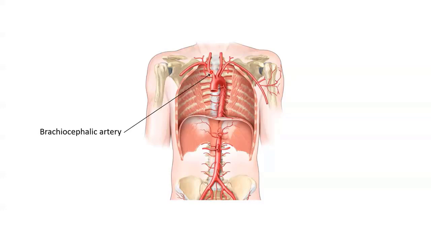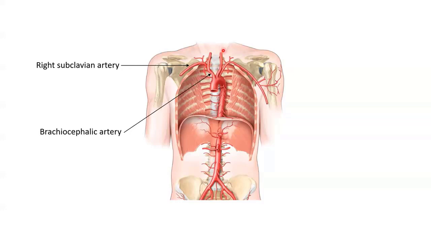So from our brachiocephalic artery, we have our right subclavian artery, sub for underneath or below, and clavian referring to our clavicle. So it runs underneath our right clavicle to supply blood to the right upper arm. We then have our right common carotid artery, which runs up the right side of the neck.